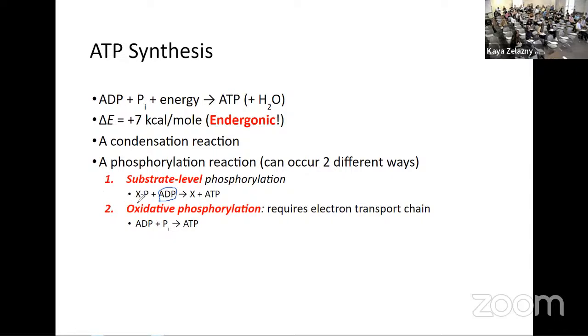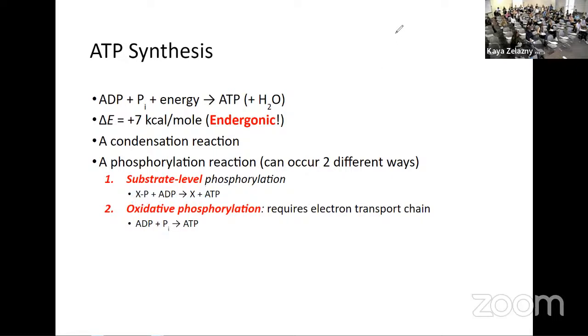And we are going to see a phosphate group that was bound onto something else covalently, just transferred onto our adenosine diphosphate, leaving us with some molecule that now doesn't have a phosphate on it, plus ATP. And we are going to see enzymes involved with this process, changing those bonds around, essentially.